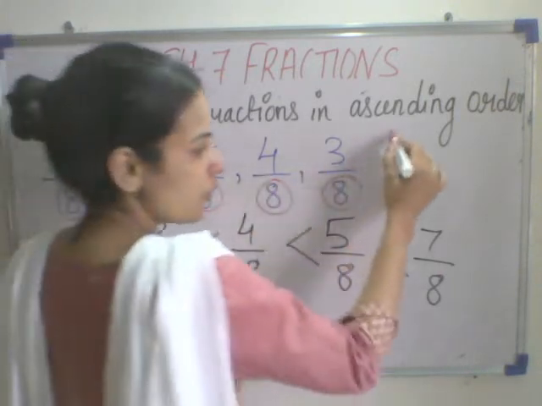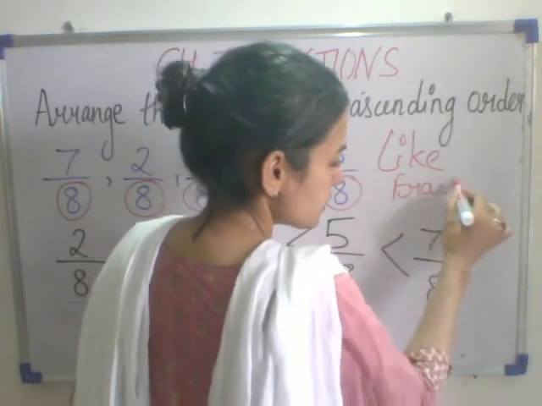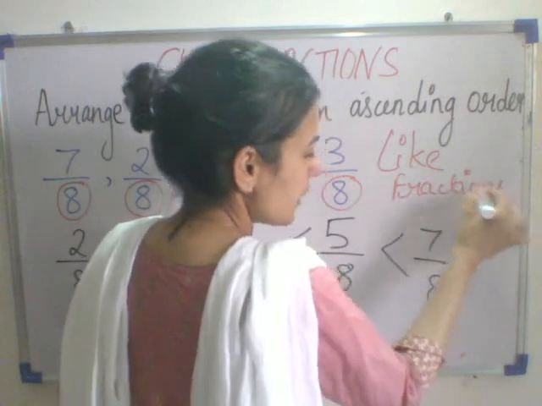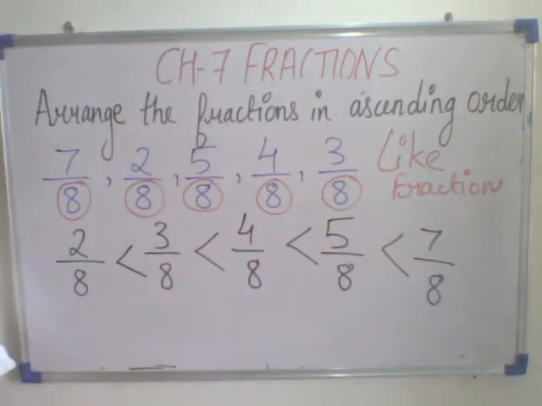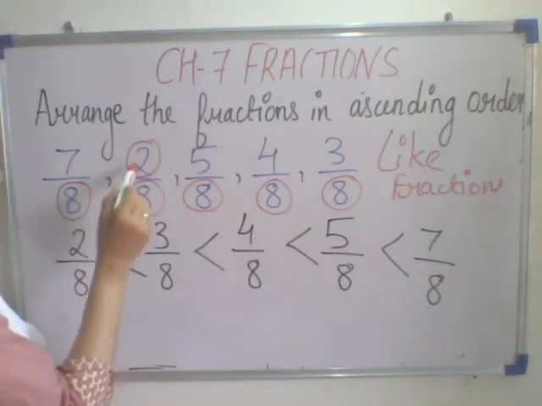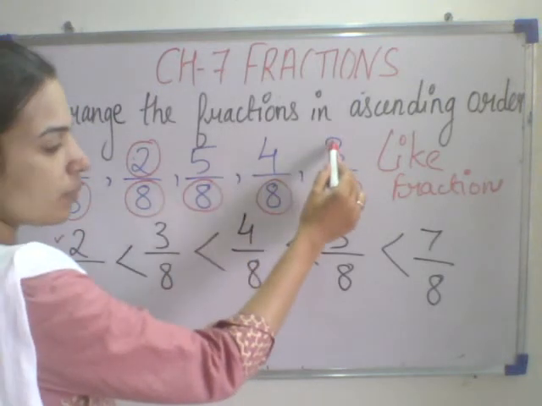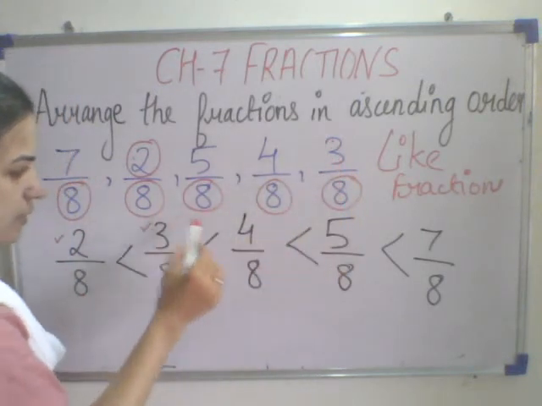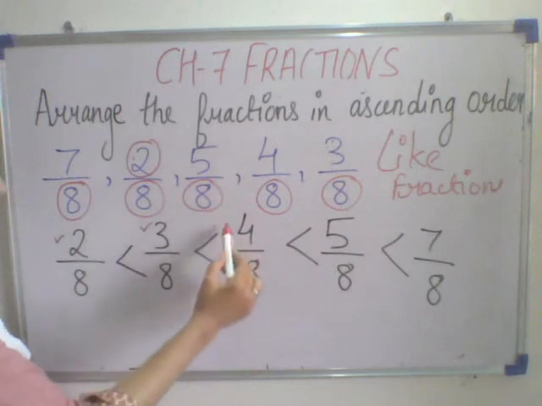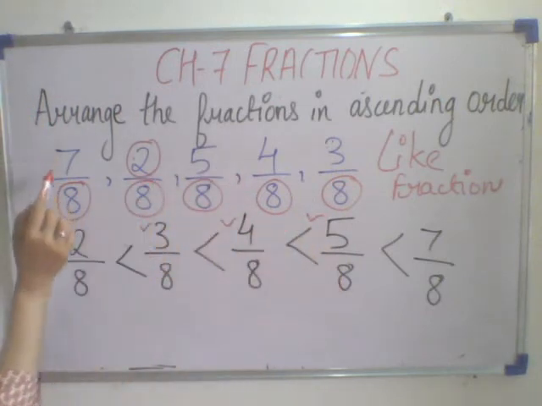This type of fraction is called like fractions. In like fractions you have to see the numerator. Which one is smaller? 2. So first you write 2 upon 8, then 3 upon 8, then 4 upon 8, 5 upon 8 and last 7 upon 8.